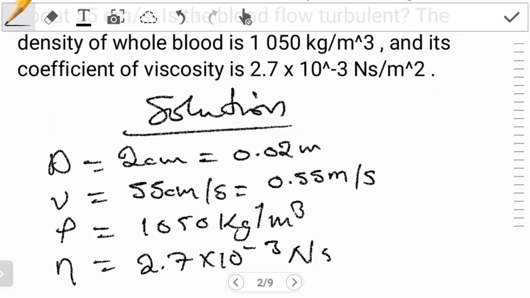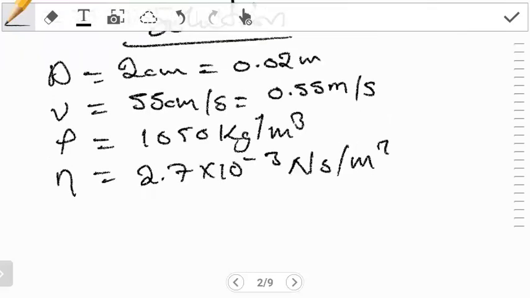Okay, so with this information, we quickly go back to the Reynolds number. If we're going to determine whether the flow is turbulent or not, we need to calculate the Reynolds number for this fluid. So the Reynolds number is determined by the density, and then the velocity and the diameter, divided by the coefficient of viscosity.